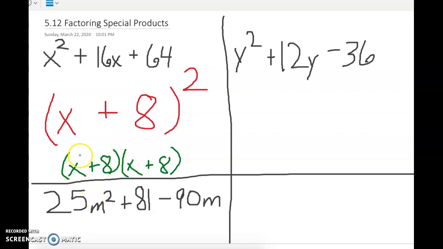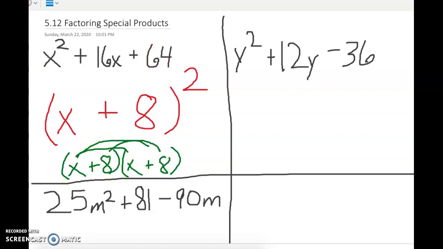After we FOIL it, we're going to be good. We have x squared, we have 8x, then another 8x, which gives 8 plus 8, which is 16x, and then 8 times 8, which gives us 64.